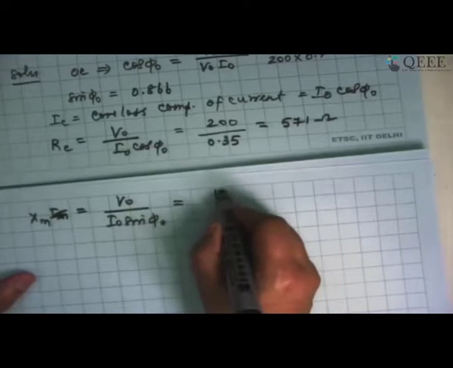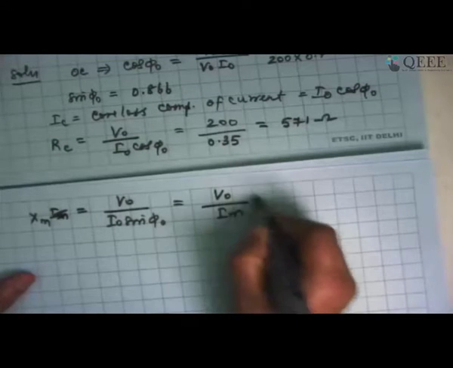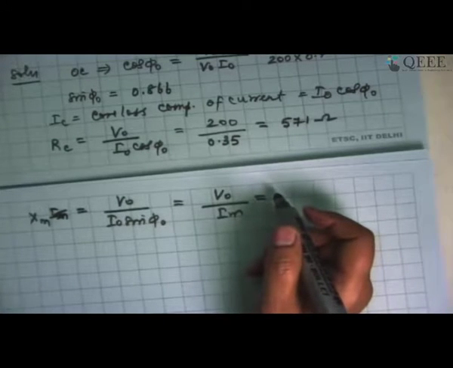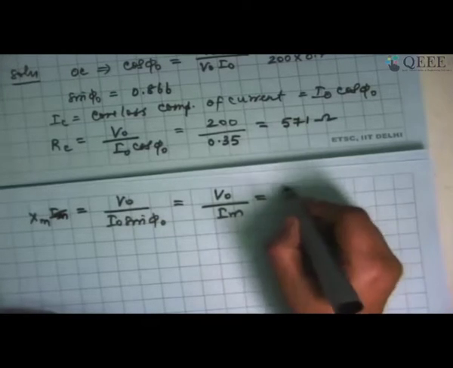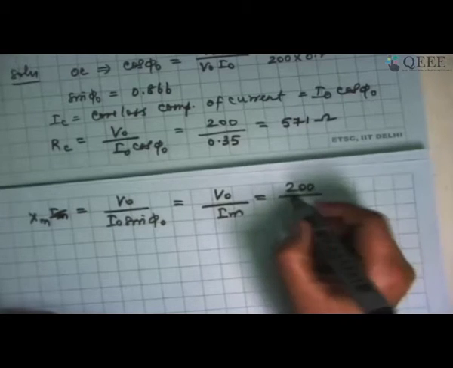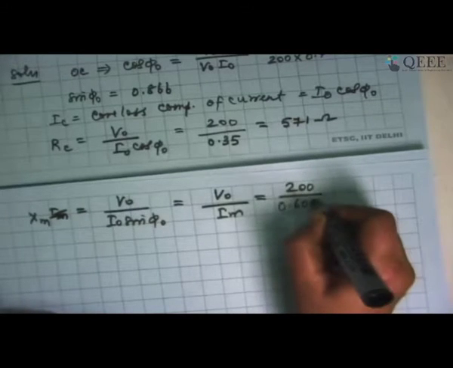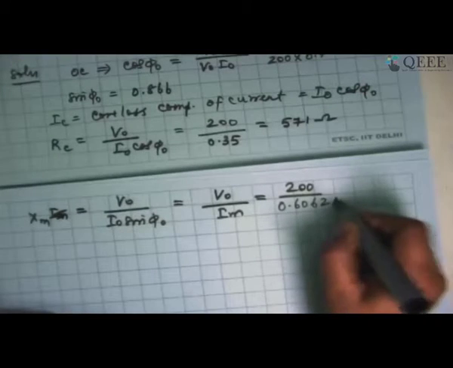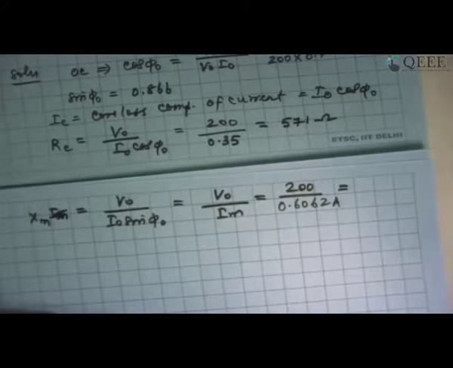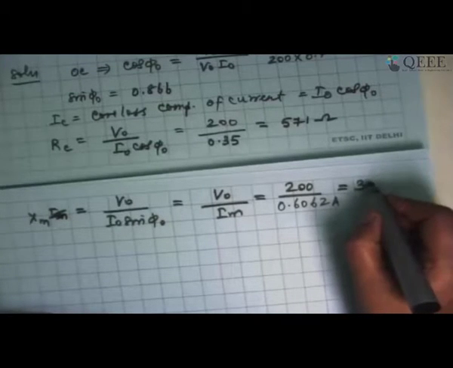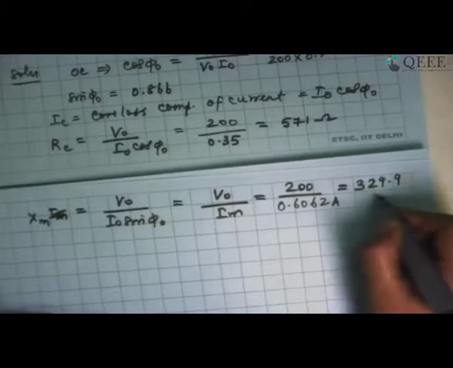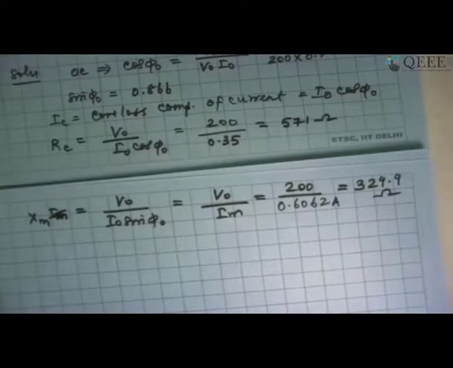So V naught divided by IM, which is equal to, can you please tell me what this value is? 200 divided by 0.6062 ampere. That is what I am getting. So it's approximately 200 by 0.6, about 330 or something like that. Yeah, good. 329. Somebody has written the value as 329.9 ohms. This is what we are getting.